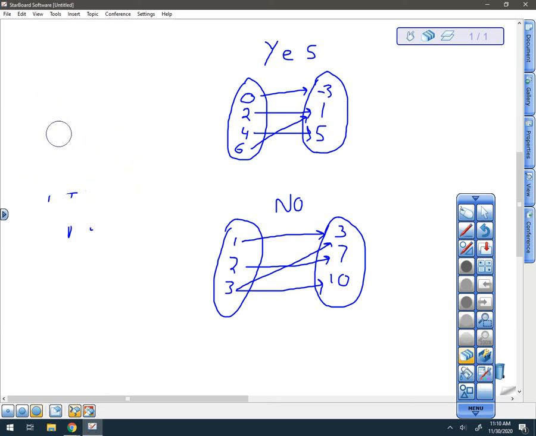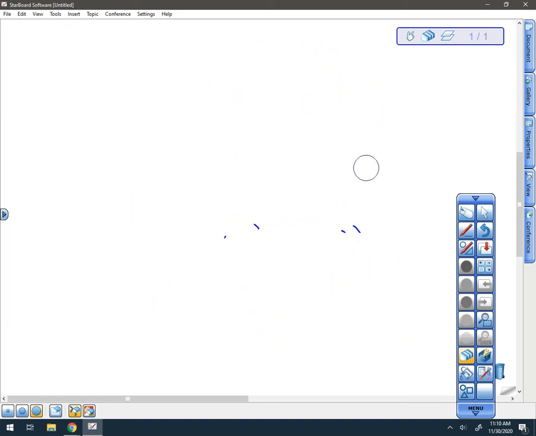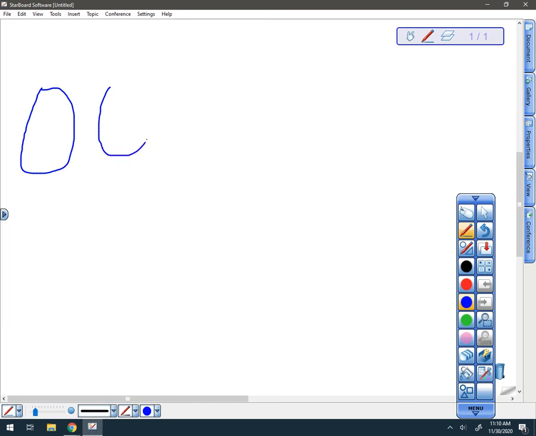All right, so hopefully you're good with, here's a table, draw the mapping, but let's look at some more mapping ones just to see if you can tell if they're a function or not. So let's do a little bigger so you can see them easier.